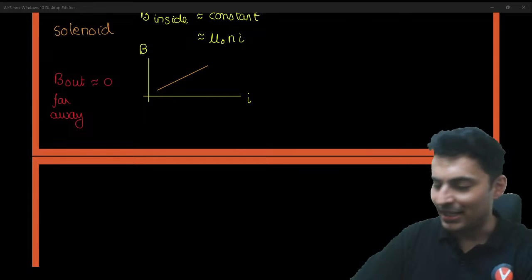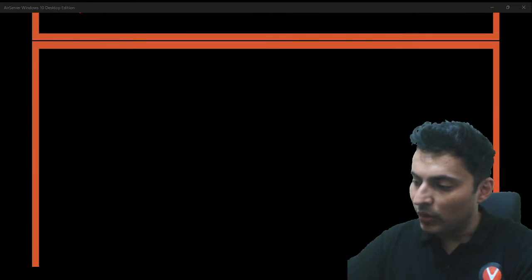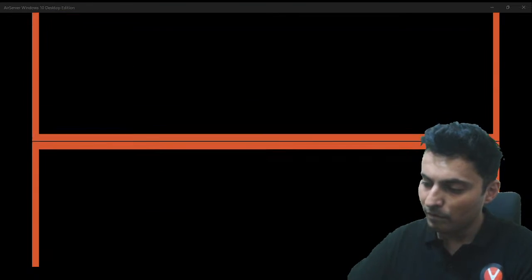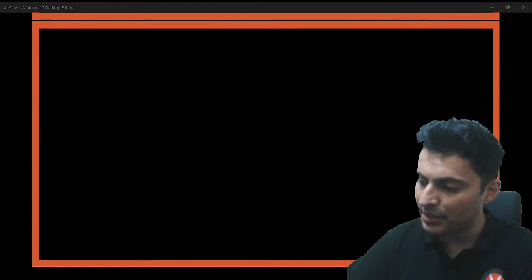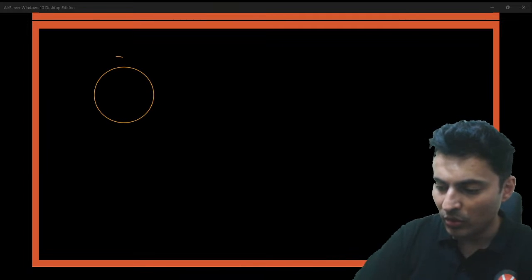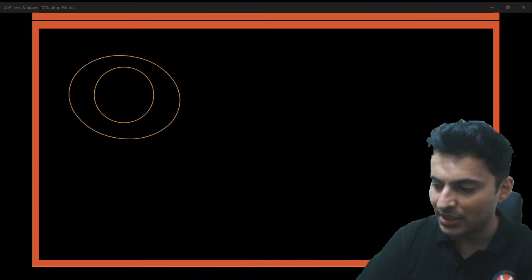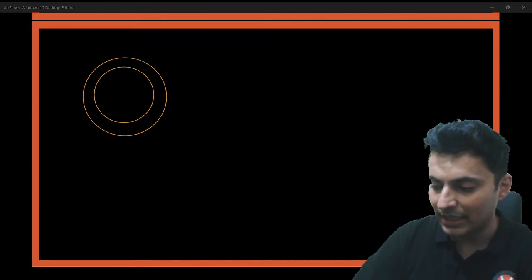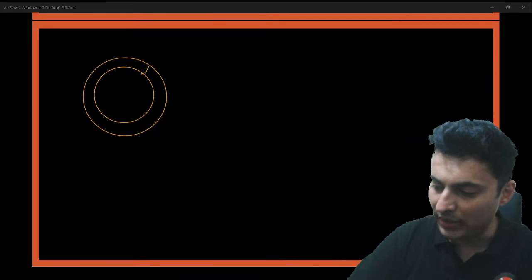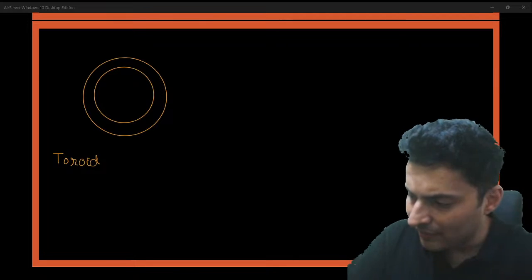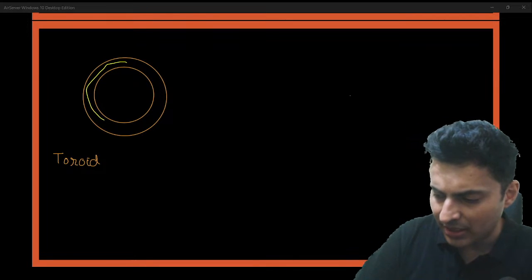Cool. Very nice. For a toroid, toroid is nothing but a solenoid which is bent in the form of a tube. Something like this. This is a toroid. For a toroid, the diagram is very simple.